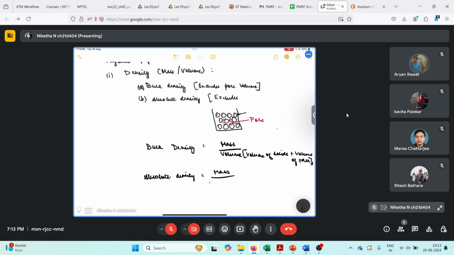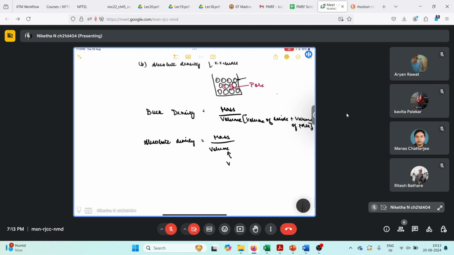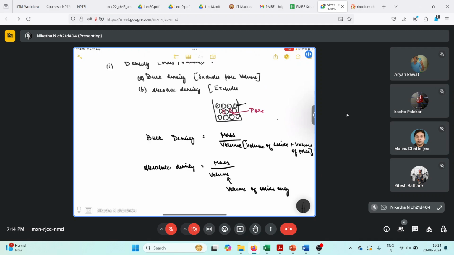In absolute density, the volume is only the volume of solids. So in this case, which density will be higher?